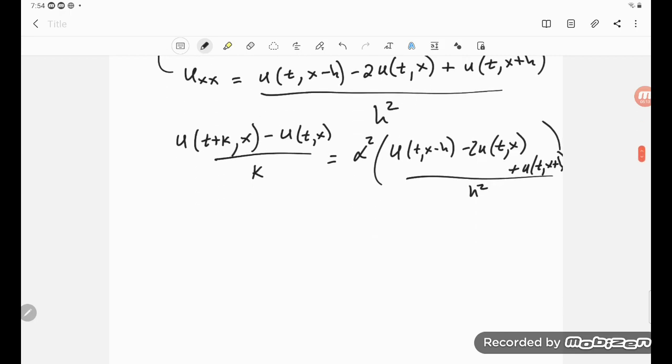Running out of room there. But there's my finite difference approximation.